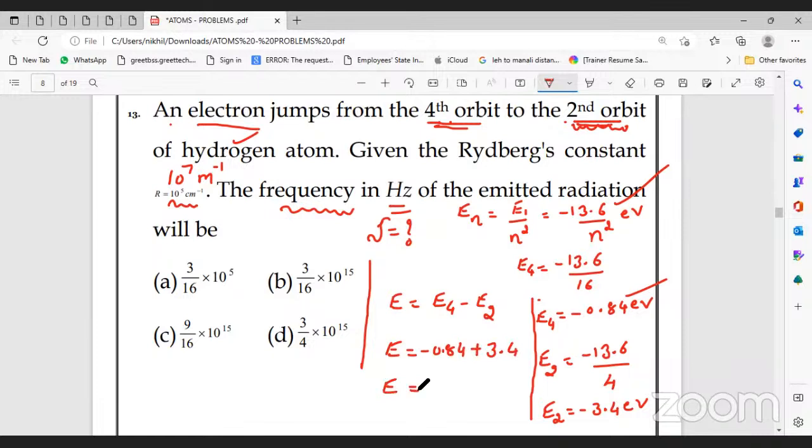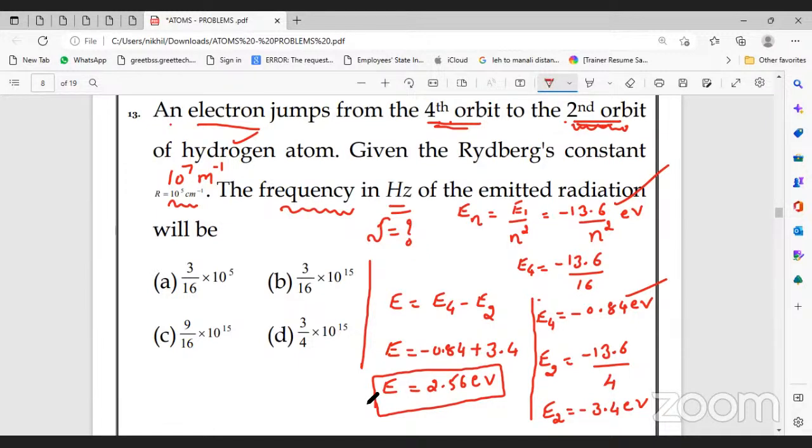So E is equal to 3.4 minus 0.84, which is around 2.56 electron volt. This is the energy emitted by the electron when it comes from fourth orbit to second orbit.